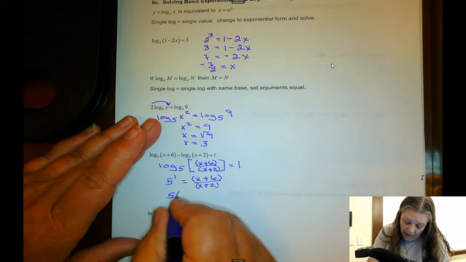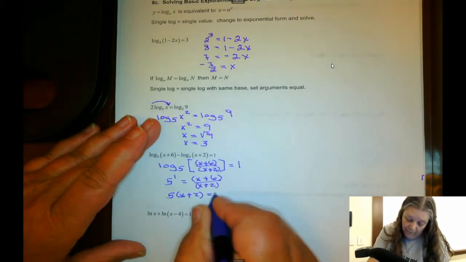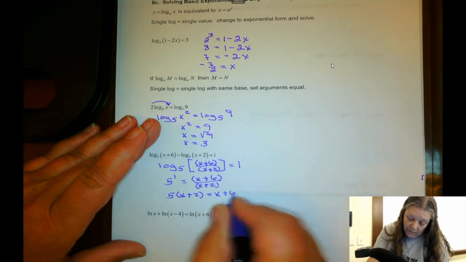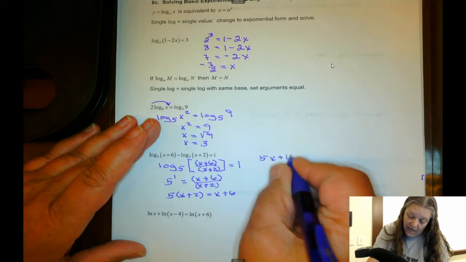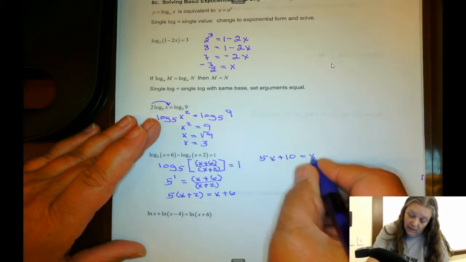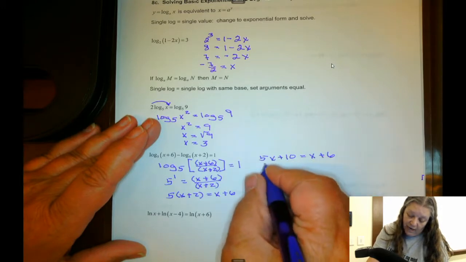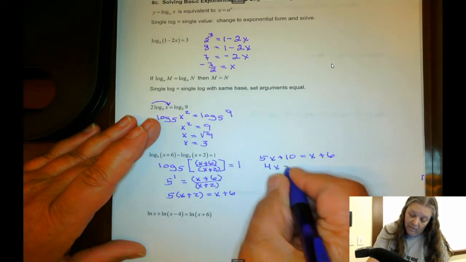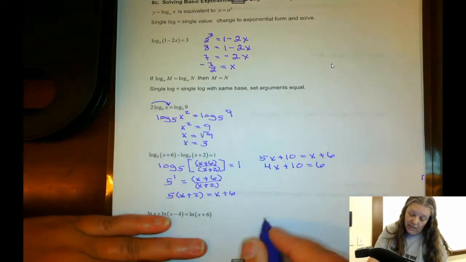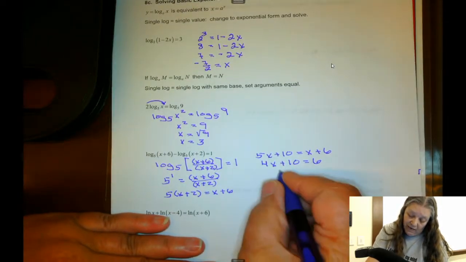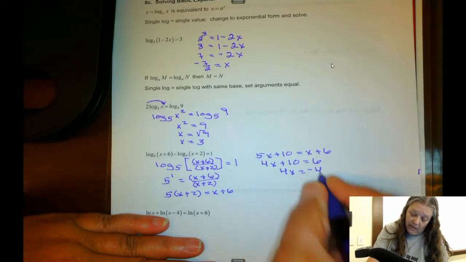You have 5 times x plus 2 equals x plus 6. So 5x plus 10 equals x plus 6. 5x is larger, so subtract x. We have 4x plus 10 equals 6. Subtract the 10. 4x is negative 4.